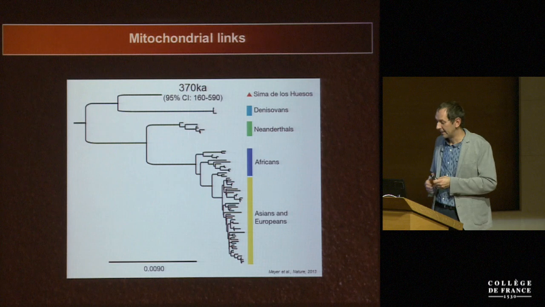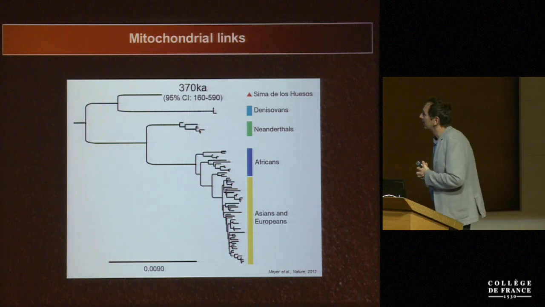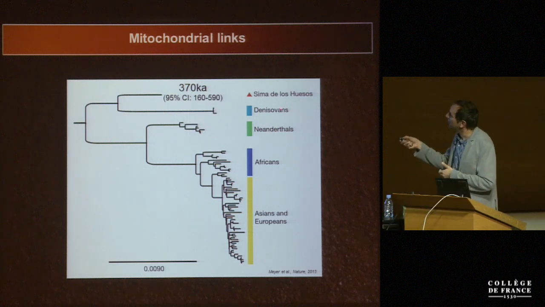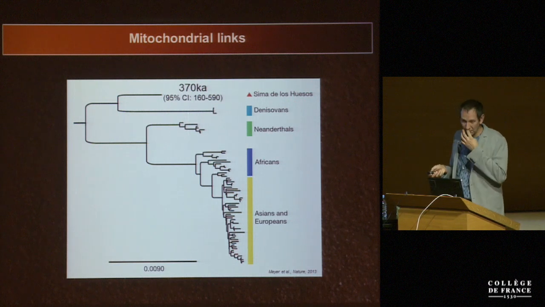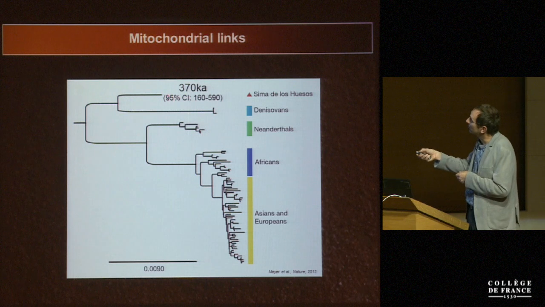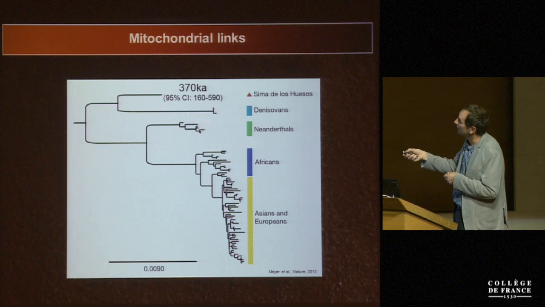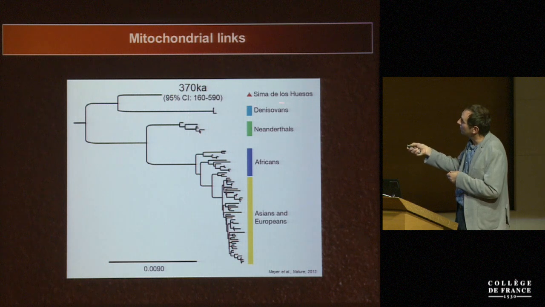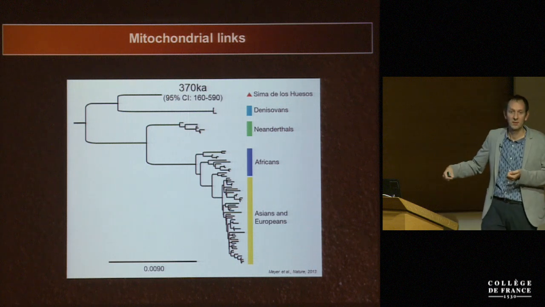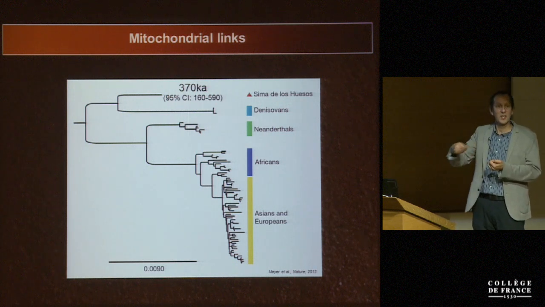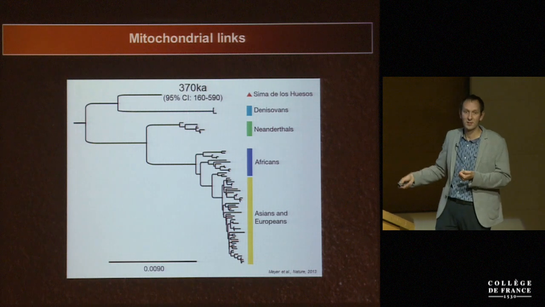What we then got is a tree relating the mitochondrial genome sequence of this individual to both Neanderthals and Denisovans. The first thing I would like to point out is the length of this branch. You can see that this individual from Spain sits on the shortest branch here, indicating that mutations are missing, indicating that it died much longer ago than all these other individuals.